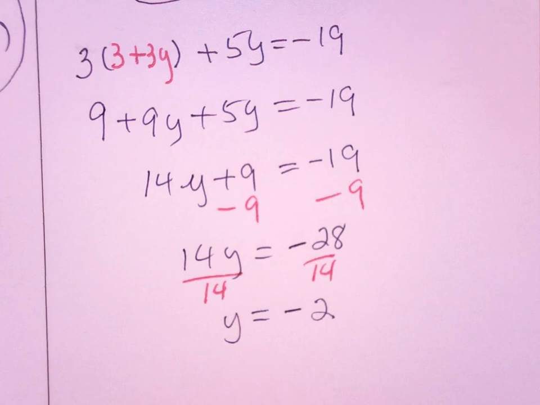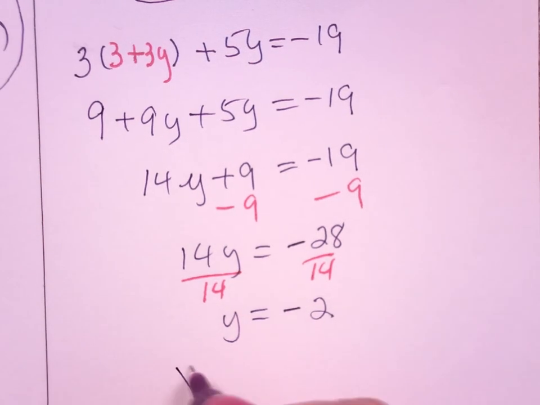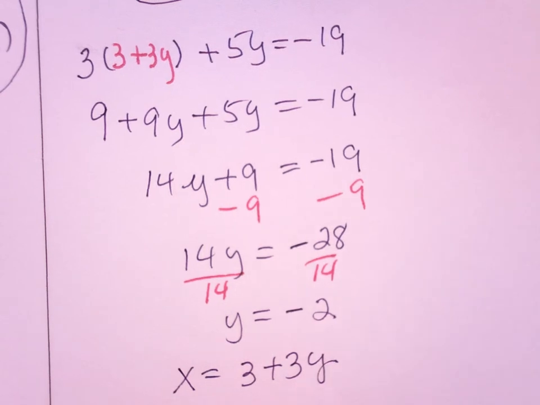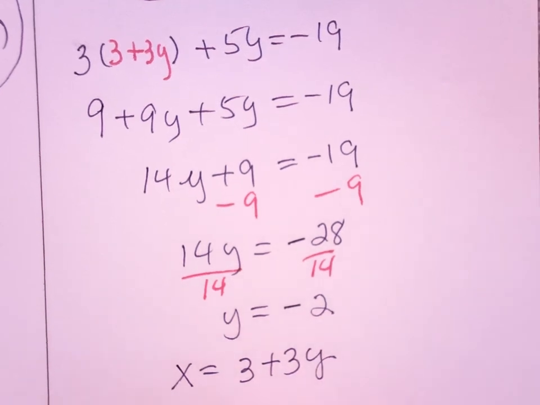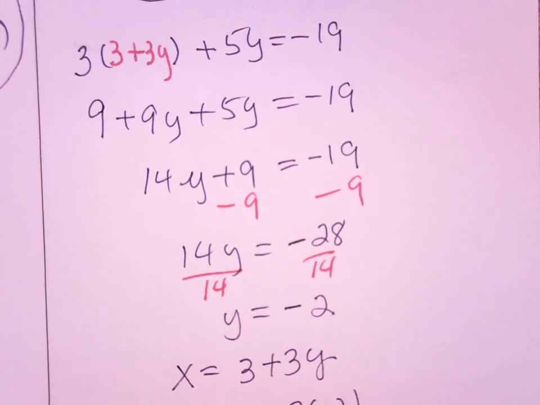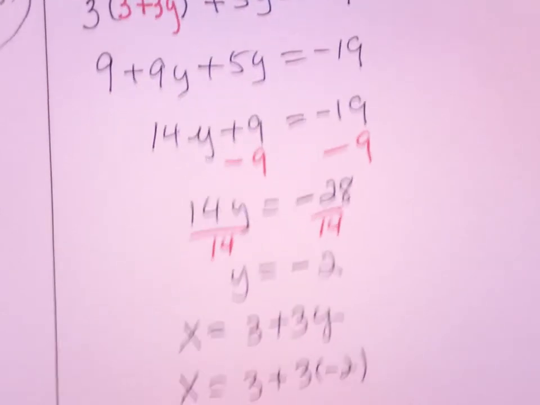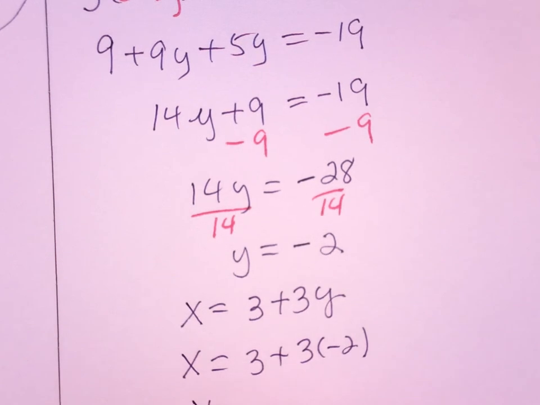Well, now I need to find x, and I know that x is 3 plus 3y, so x is 3 plus 3 times negative 2, or x is 3 minus 6, or minus 3.